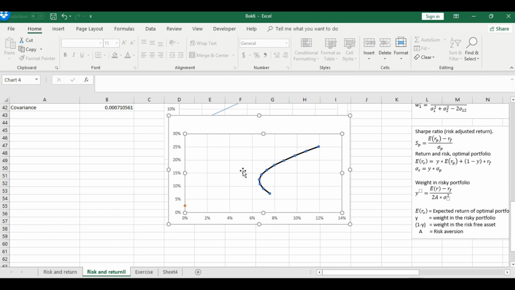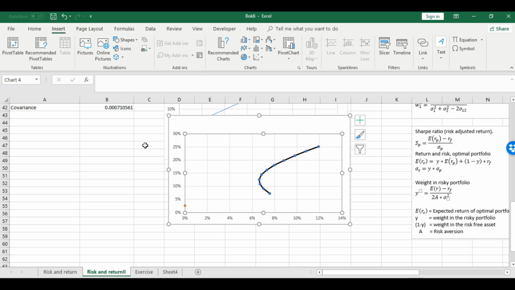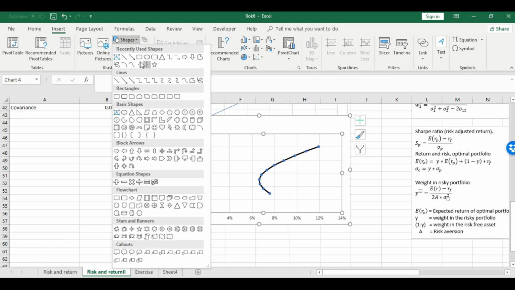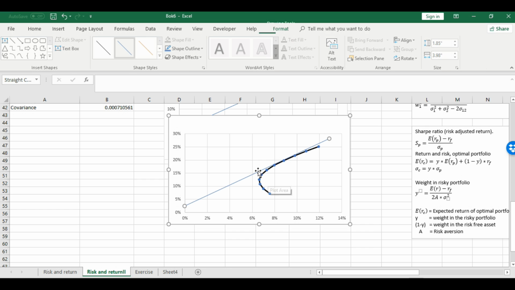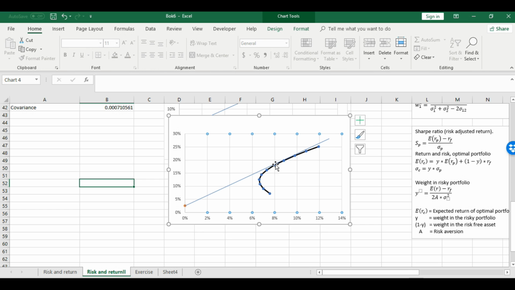There. And we will make a line from the risk-free rate, and the point where the line tangents the efficient frontier will be the combination between stock portfolio and bond fund that has the highest Sharpe ratio.